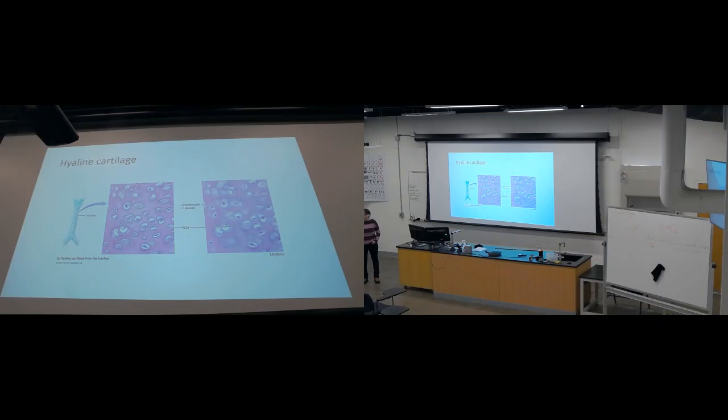But then we will keep that type of cartilage in certain areas of our body, like the area that connects our ribs to the sternum, at the endings of our bones, and also at the tip of our nose. If you press the tip of your nose a little bit with your index finger, you will feel the consistency of this hyaline cartilage. That's how it feels. It's not hard like bone, but it's not very soft.